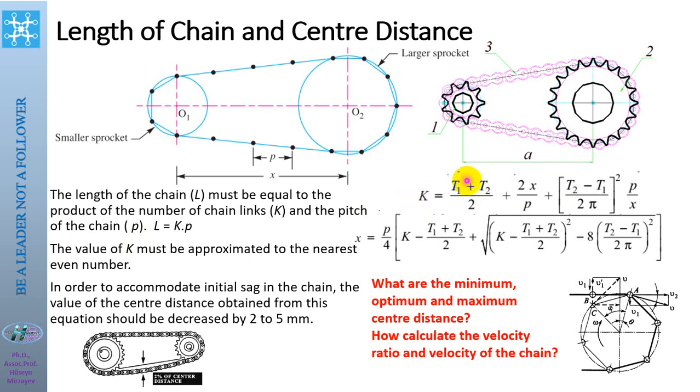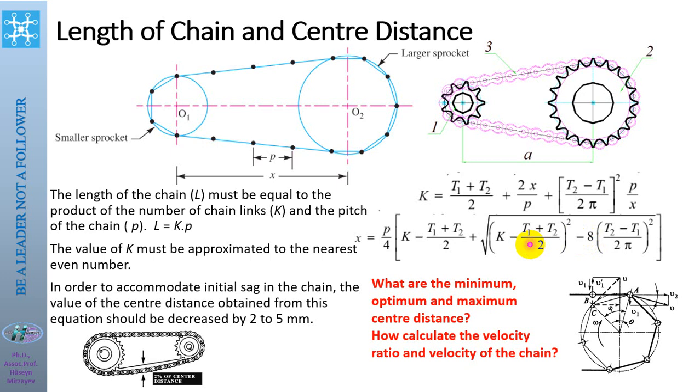In order to accommodate sag in the chain, the center distance calculated from these equations is decreased by 2 to 5 millimeters, or approximately 2% of the center distance.